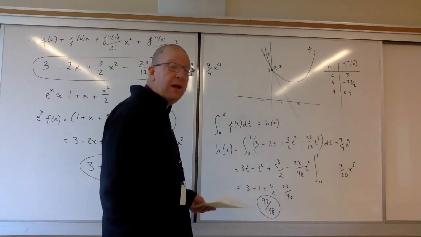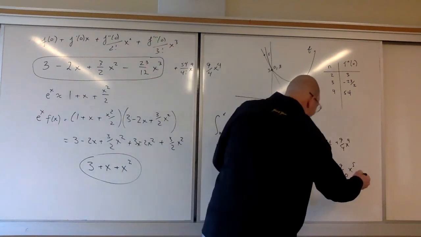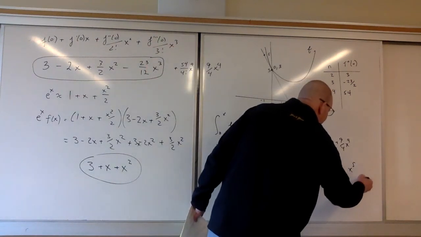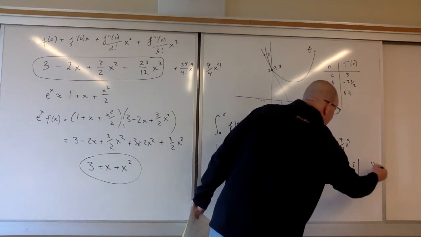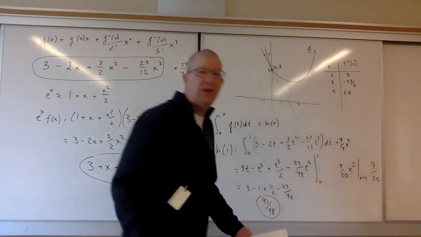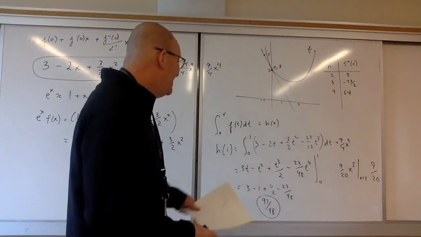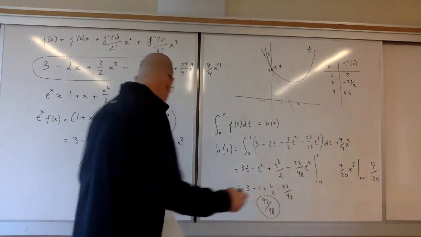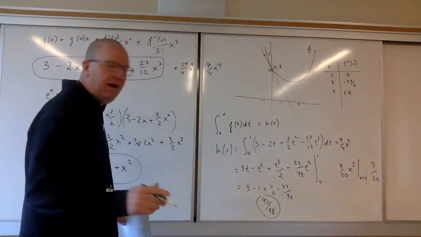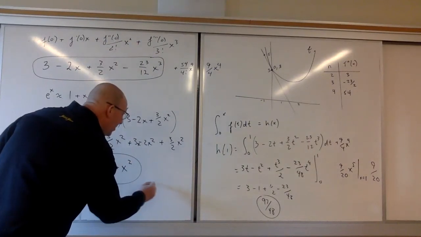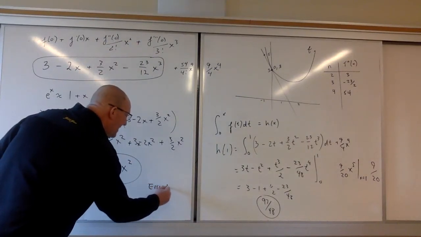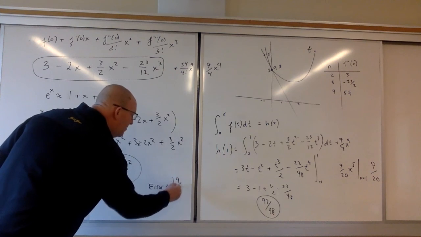And at 1, it would have been 9/20. So essentially, that's what this number would have been down here. So we would have said the error would be less than or equal to the absolute value of 9/20.